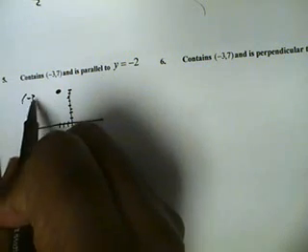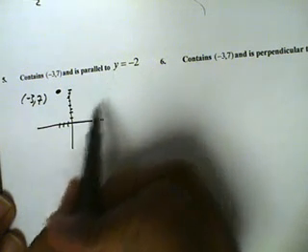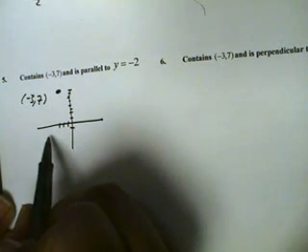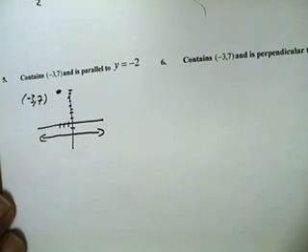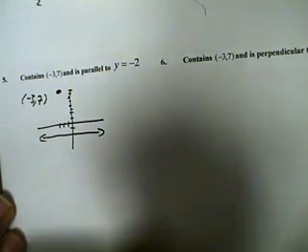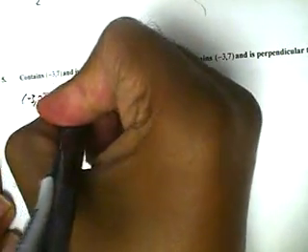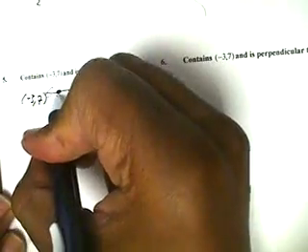And the equation y equals negative 2 is right here. So what I want is a line that's parallel to this one that goes through the point here. Well, a line that's parallel will be another horizontal line. This horizontal line will be described as y equals 7 because it goes through the point (-3, 7).